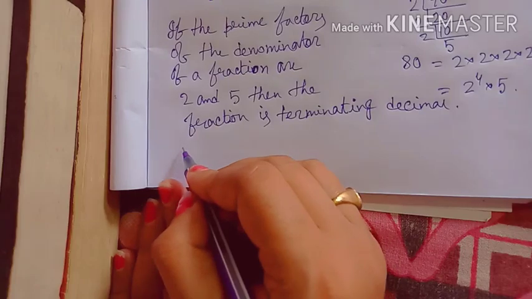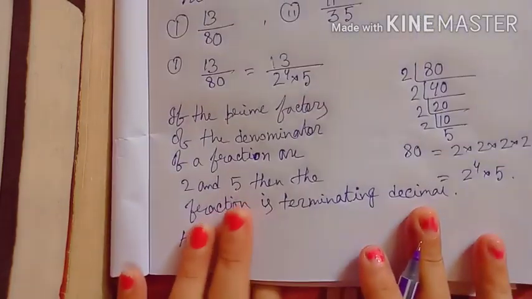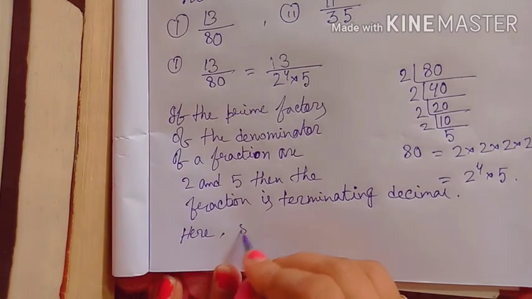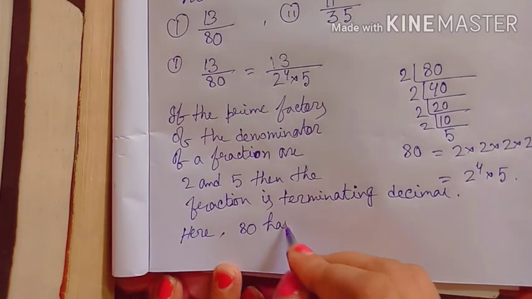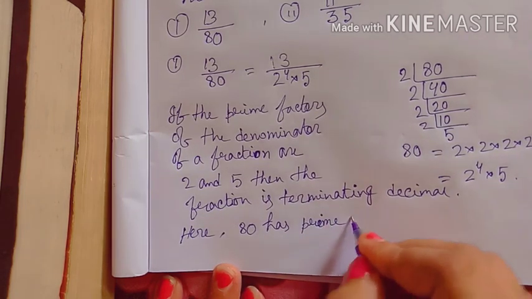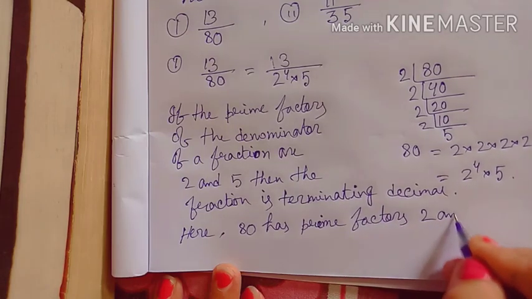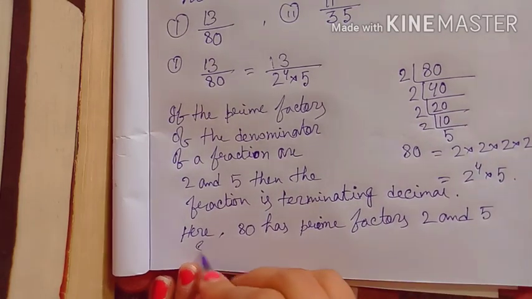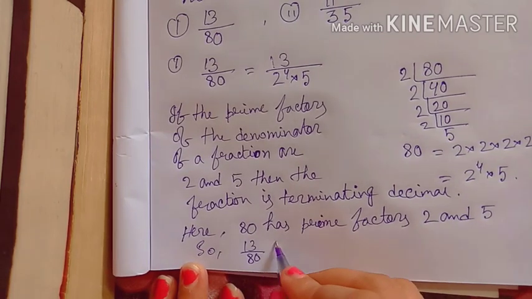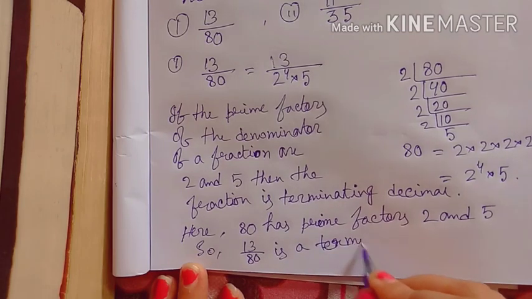Here our denominator is 80, so we can write that 80 has prime factors 2 and 5. So 13 by 80 is a terminating decimal.